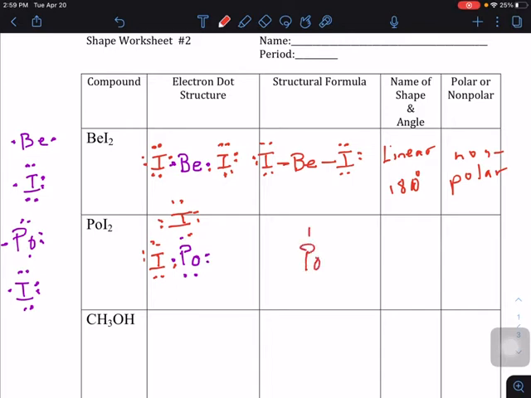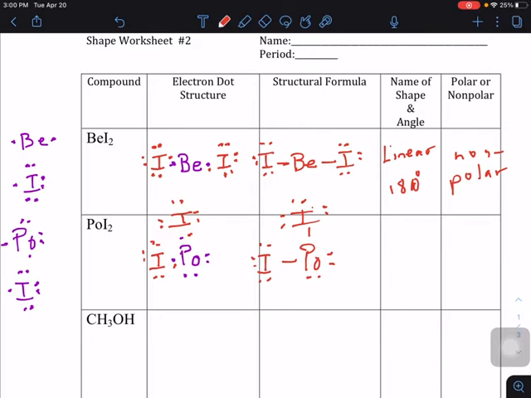I, Po, covalent bond, I, covalent bond, and then these are the extra electrons, the unshared pairs of electrons for polonium.